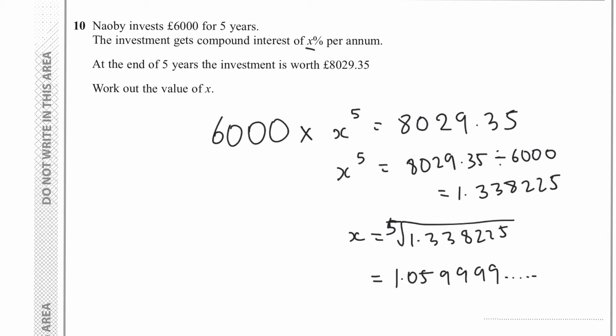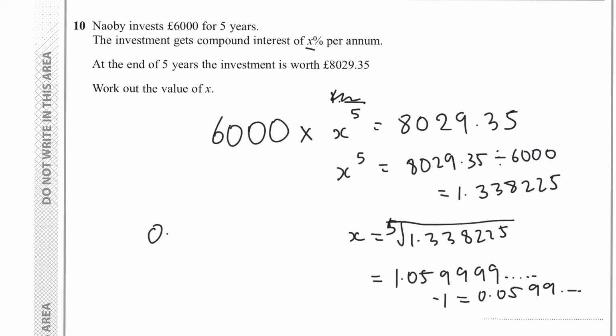1.059999. So now that we've got that, to work out what the actual rate is, we know with compound interest, whatever we multiply by is always 1 point the rate divided by 100. So if we take away 1, you end up with 0.0599.